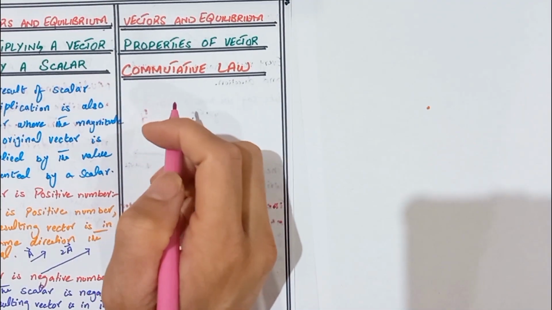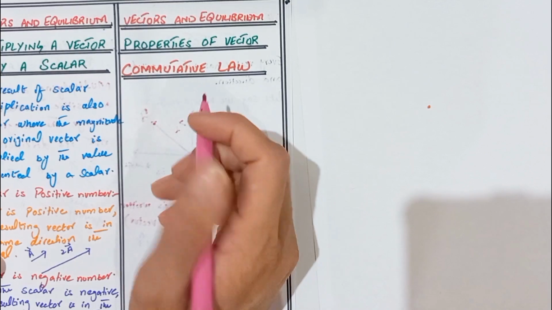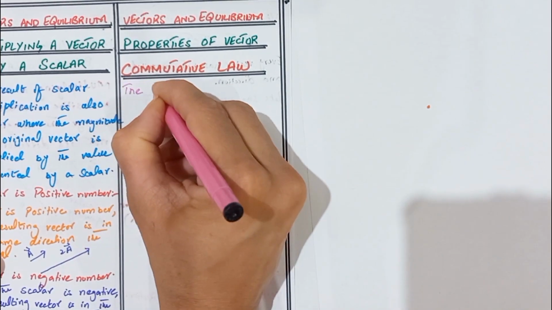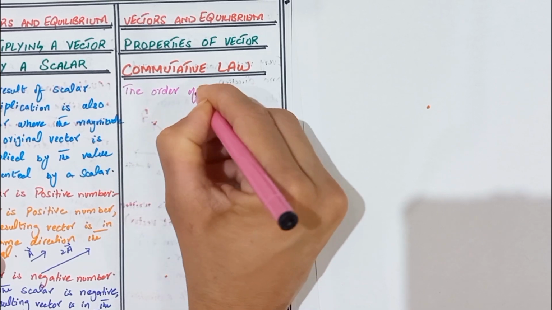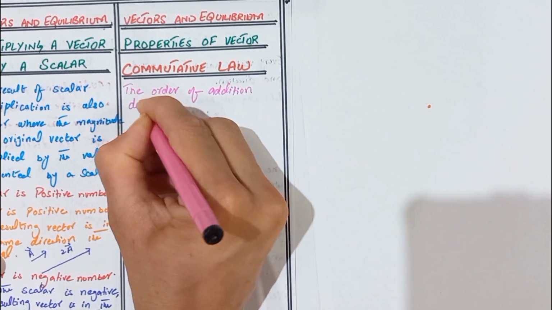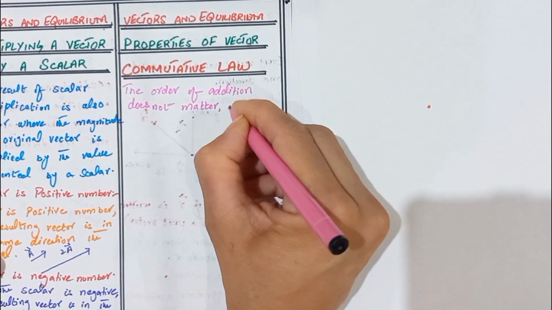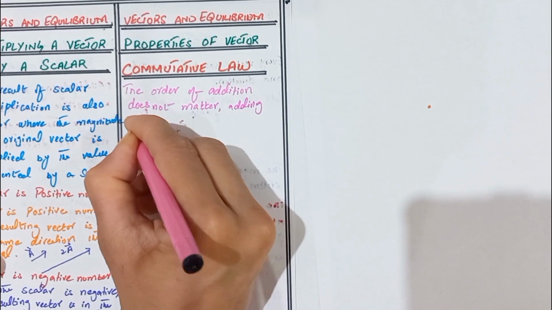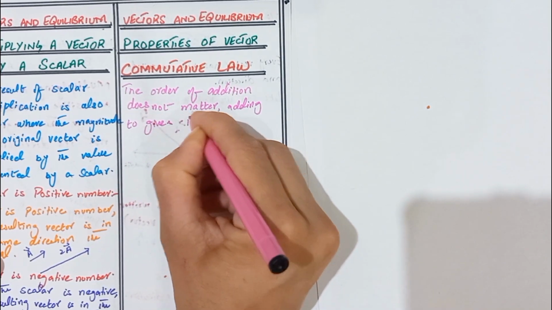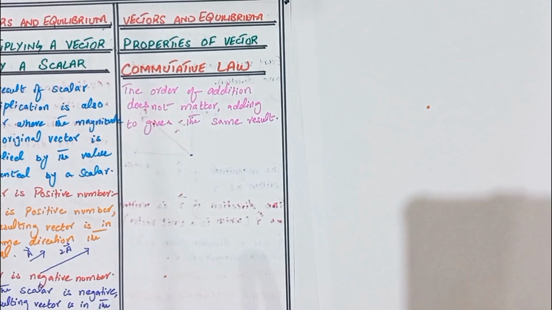Now we discuss the properties of vector. In the properties of vector, first we discuss the commutative law. What is the commutative law? The order of addition does not matter when adding to give the same result.